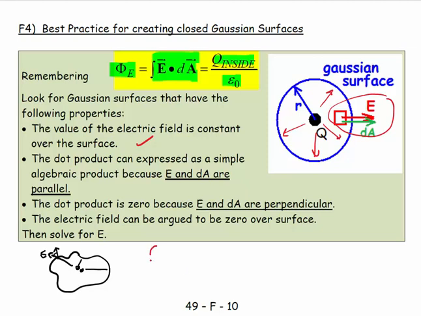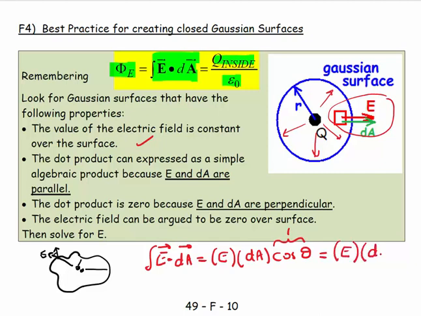When we expand, E dotted with dA is equal to the magnitude of E times the magnitude of dA times the cosine of the angle between them. Because this angle is 0, and cosine of 0 equals 1, this simplifies into E dA. That's a really good thing to find.